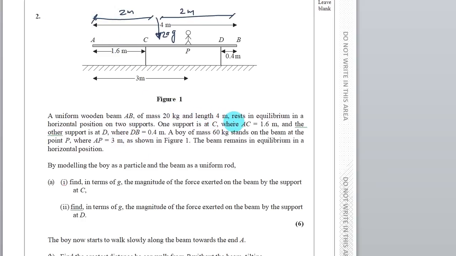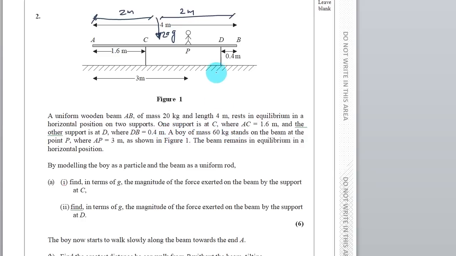The length of 4 meters rests in equilibrium in a horizontal position on two supports. One support is at C, where AC is 1.6 meters, and the other support is at D, where DB is 0.4.